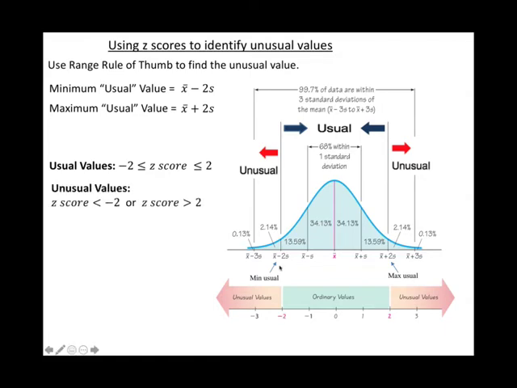If your z-score is strictly less than negative 2, it's lying somewhere like here, so we call this unusually low. If your z-score is greater than 2, somewhere like here, that means your value of x is going to be unusually high. So we have two methods to identify unusual values. Either you use the range rule of thumb or you use the z-score.